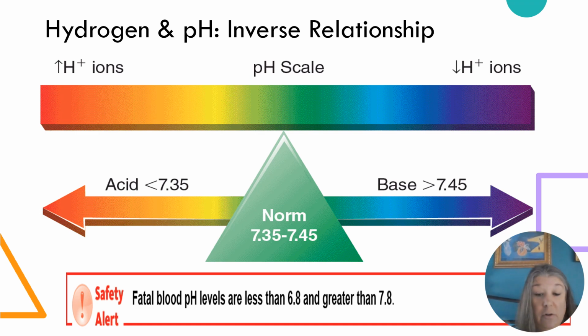So going either direction, whether we become more acidic to the point of 6.8 or more basic, greater than 7.8, it can lead to death, all right? So we have a narrow range there and we need to keep it in balance. Really, acid-base is all about the body trying to keep this pH in balance. All right, that's all it's doing. And it's using those hydrogen ions to do that, okay?